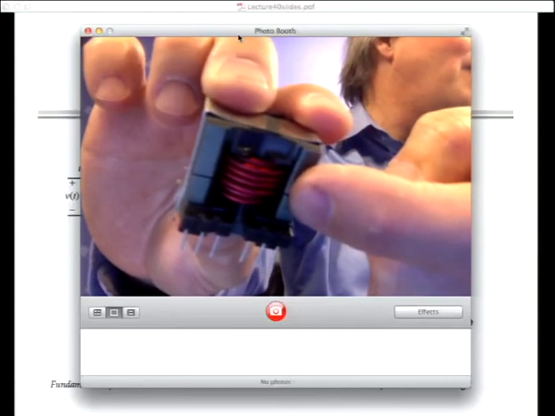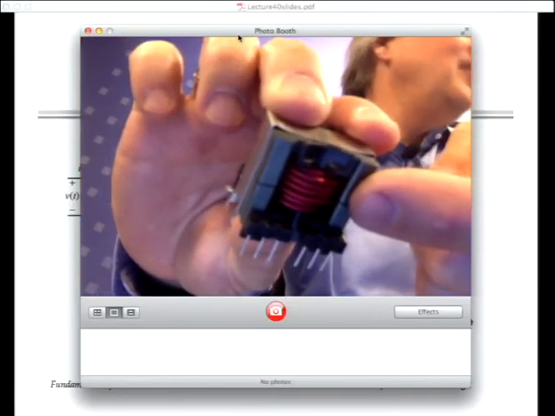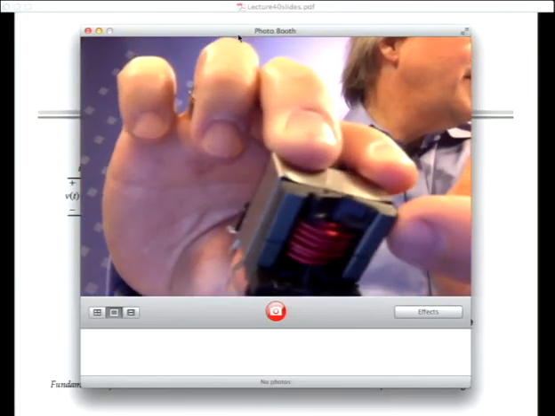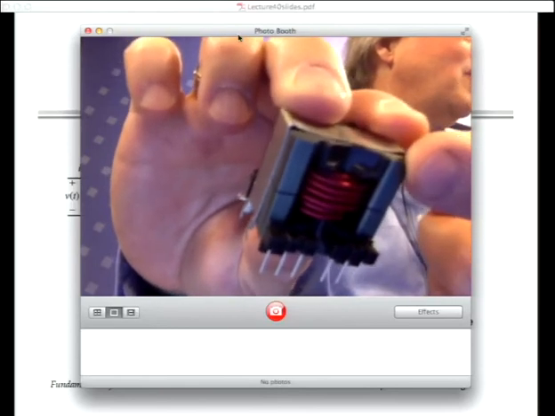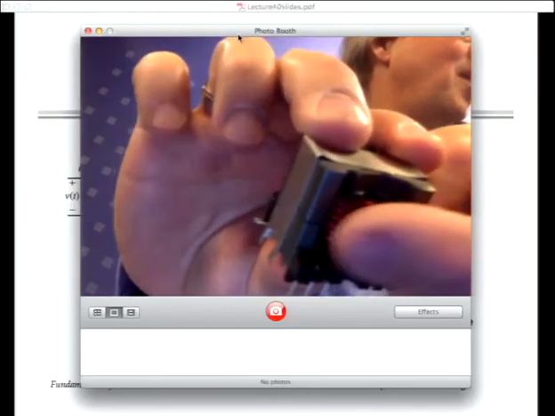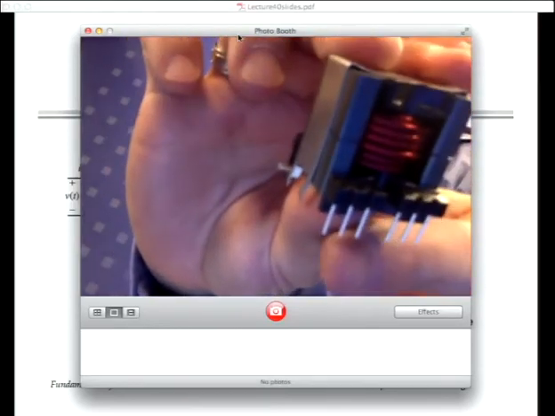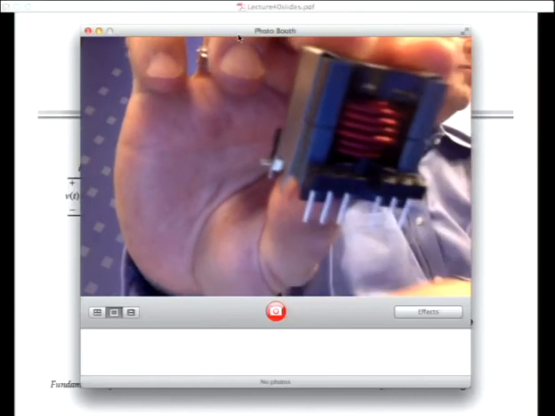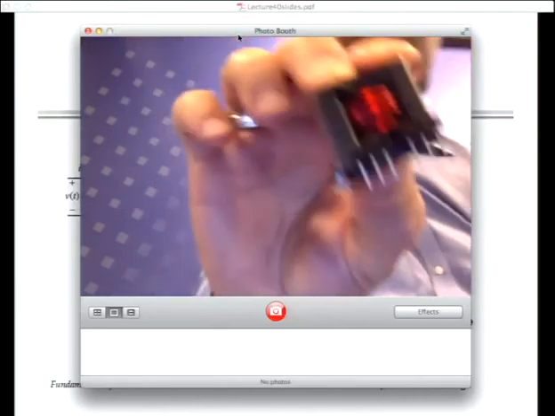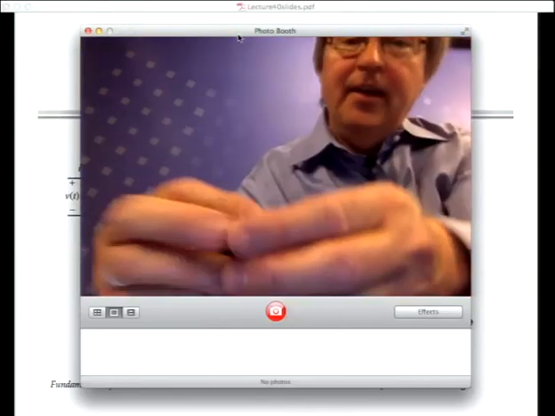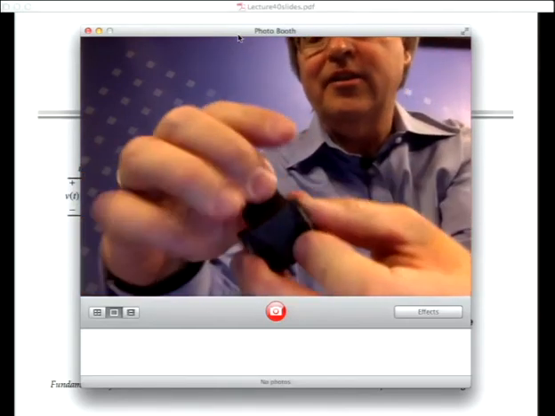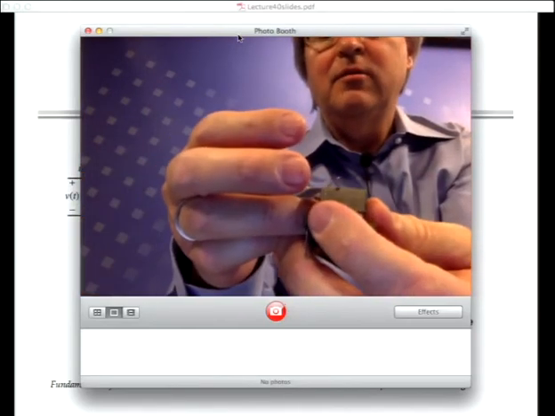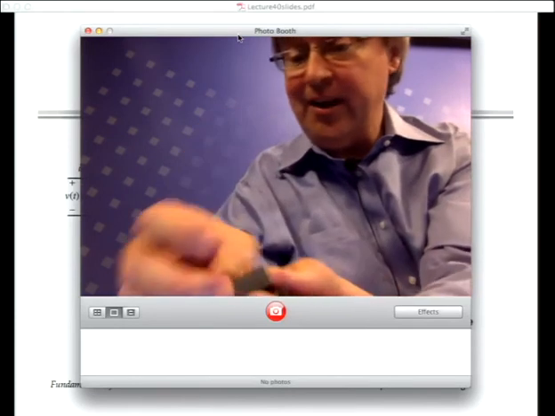It's pretty fat wire, like number 15 or 16 gauge wire. The dark gray is the ferrite core. The wire is wound on a plastic bobbin that has pins here that plug into a printed circuit board. And this is what's called a PQ core. It's actually a PQ 2620.